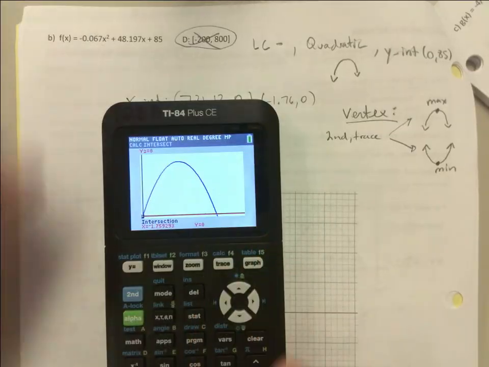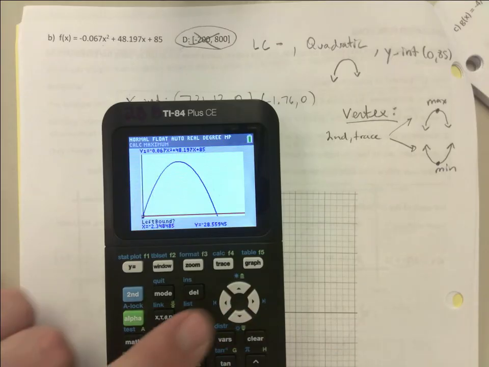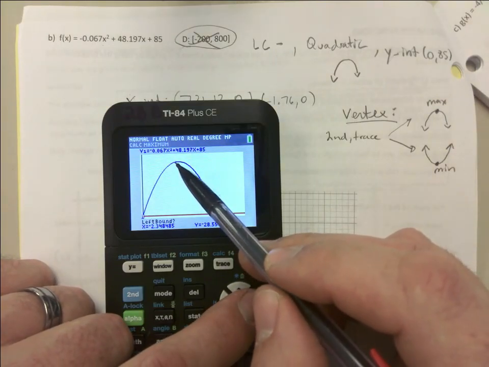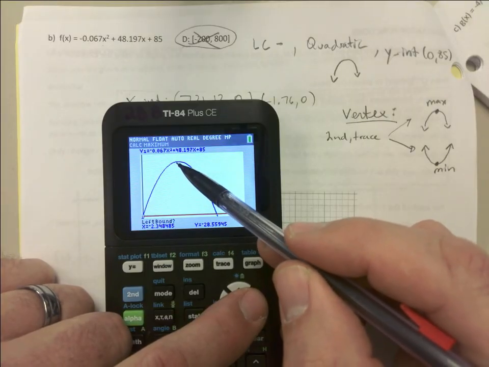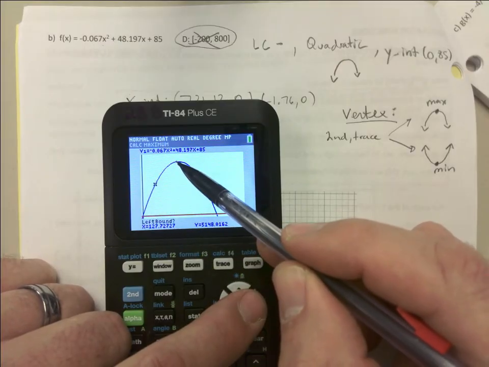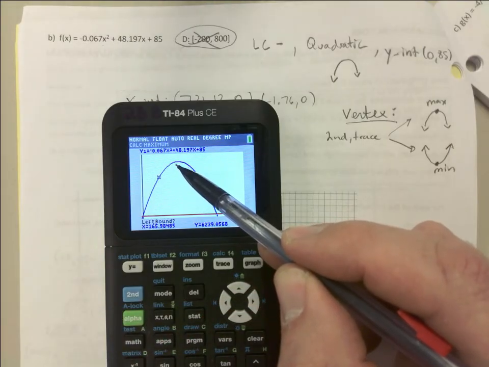I'm going to find that real quick. Second trace, this is max. So your vertex is here. Just look up here. It says left boundary. If this is your vertex, it's saying, give me any point to the left of it. And I am on the left, correct? So press enter.